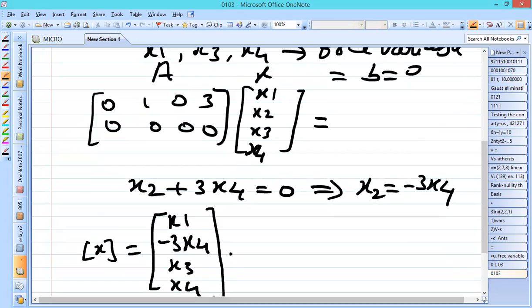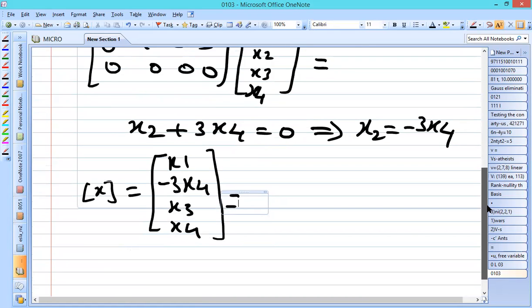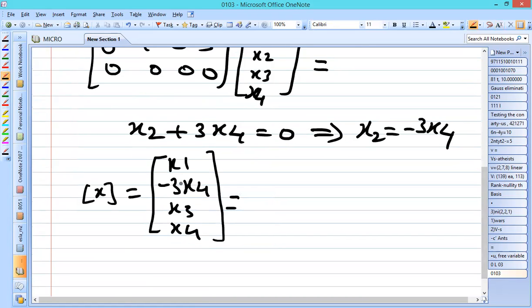For this we have to write it in terms of the vector spaces or column spaces. That can be written as follows. First we need to get x1. This x1 is obtained by placing 1, 0, 0, 0 in the column. So x1 into 1 is x1.